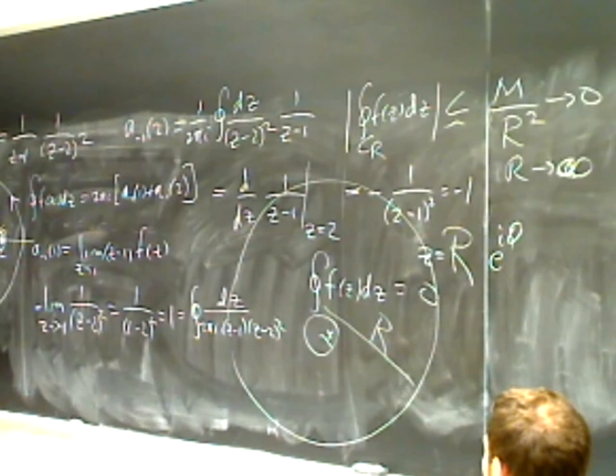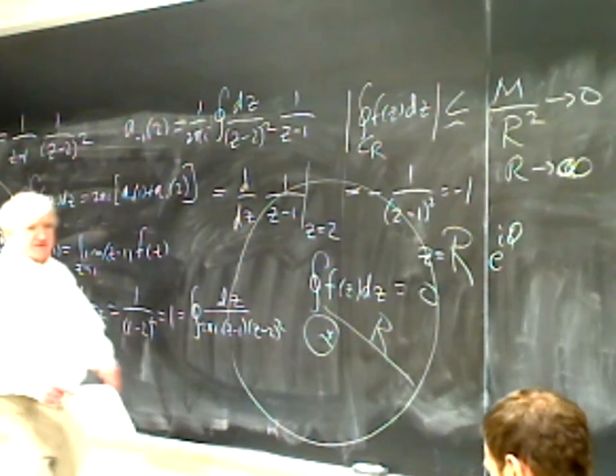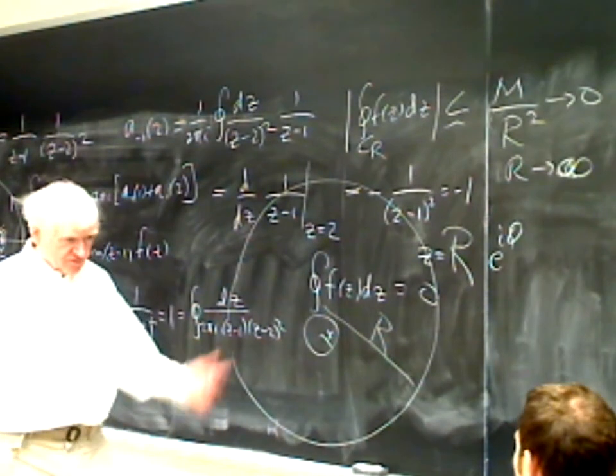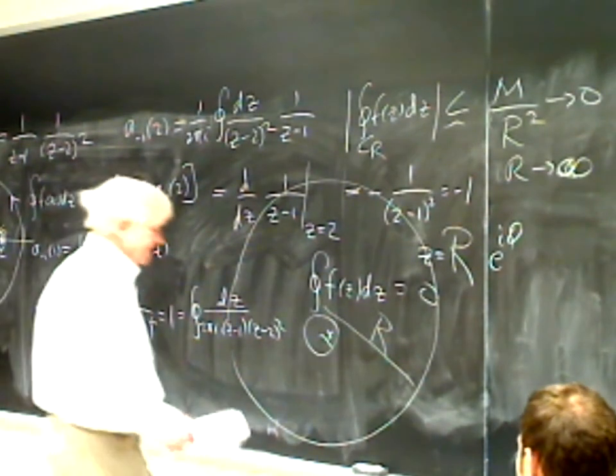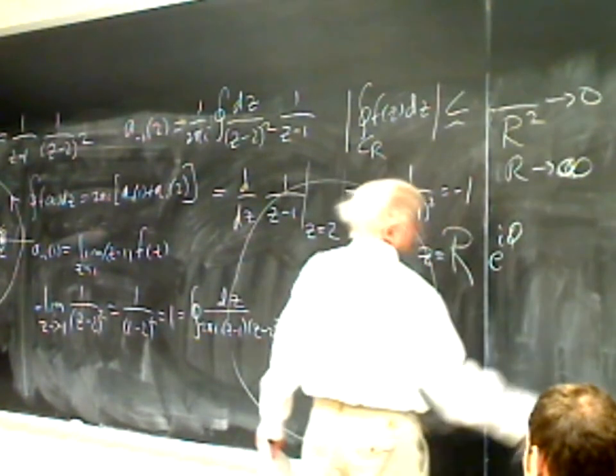And f of z goes down as 1 over r cubed. And the perimeter is only 2 pi r. So the whole thing goes down as 2 pi over r squared. In fact, that's what we say here. It's actually 2 pi over r squared.